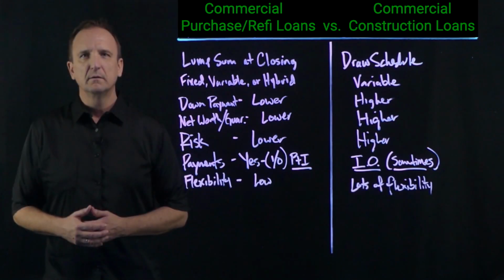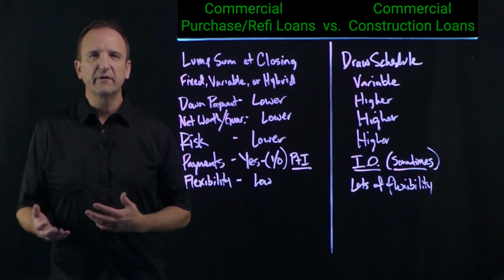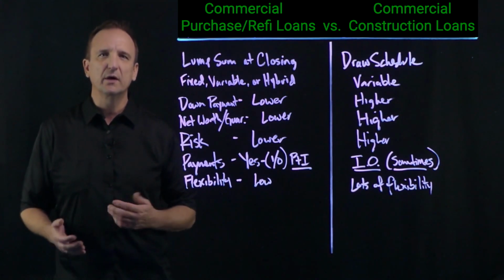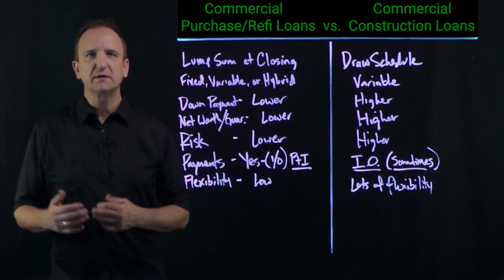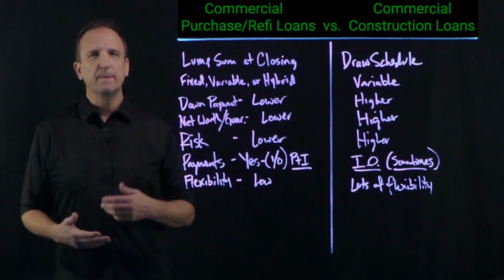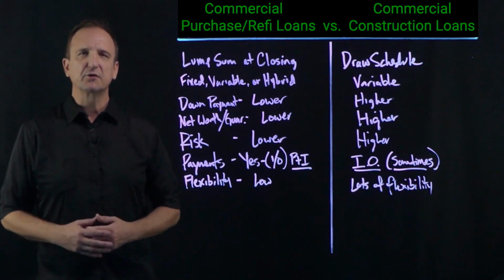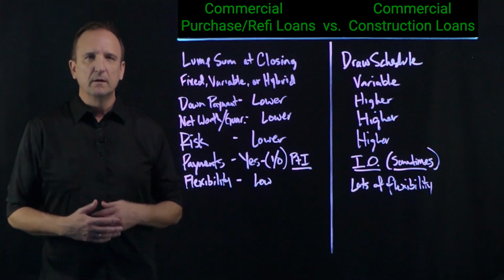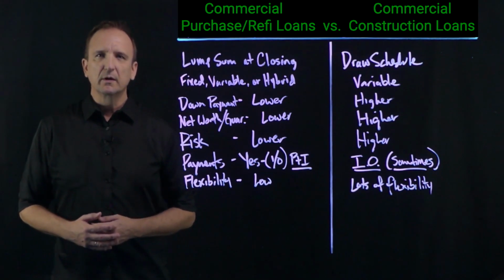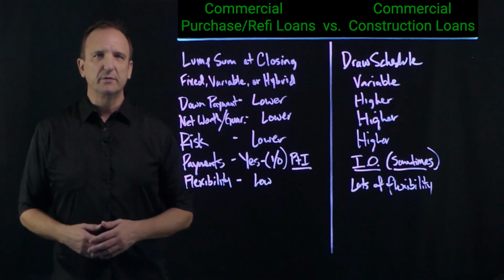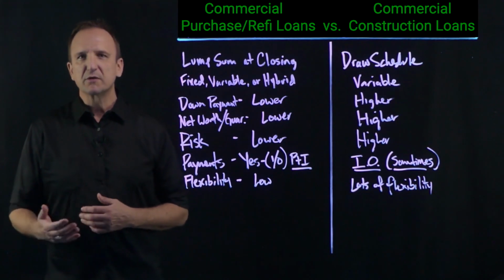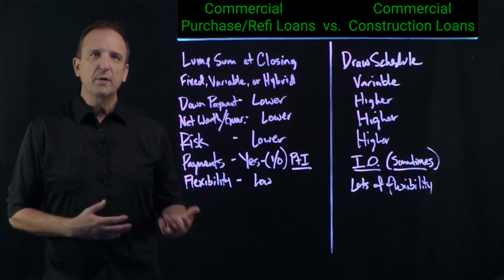In terms of flexibility, conventional loans typically don't have that much flexibility. It's just a one-time loan with an interest rate, a payment, designated terms. They're fairly straightforward. Whereas a construction loan can have a lot of flexibility. It can be structured with payment terms or interest-only payments.